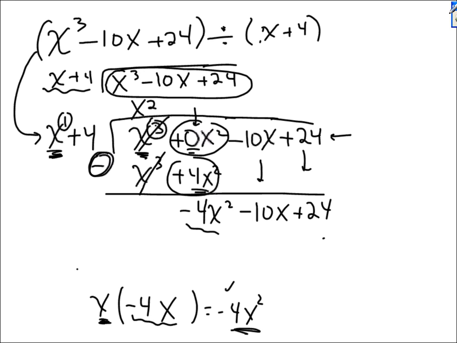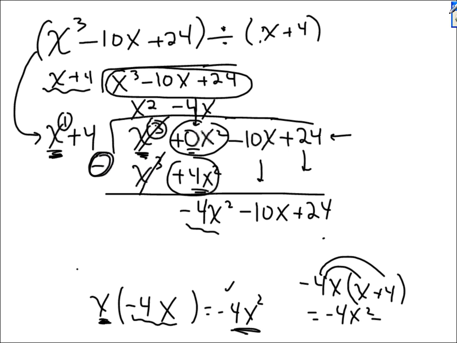What do you know? It's right there in the brackets. Negative 4x. Then you take the negative 4x and you multiply it by x plus 4. And you get negative 4x squared minus 16x. And that's what I write here. Negative 4x squared minus 16x.